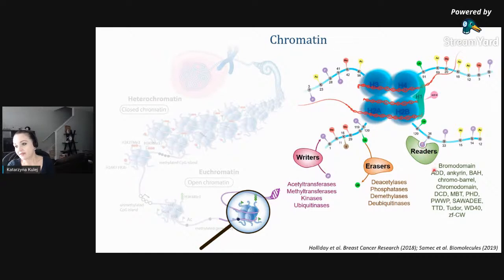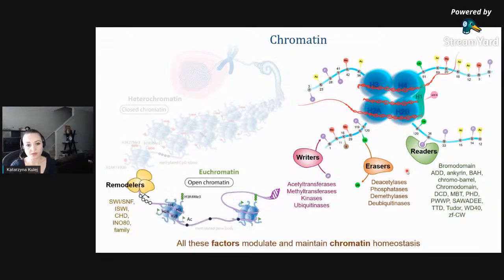They recognize them by having very specific domains, for example, the bromo domain of readers recognizes acetylated residues. Within the group of the readers, we can find so-called remodelers, which are DNA translocases that use the energy of ATP to create the force to relocate the nucleosomes.